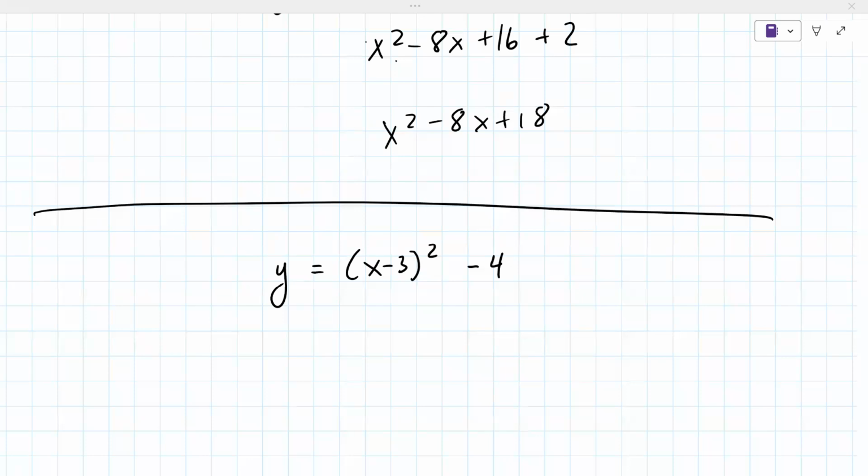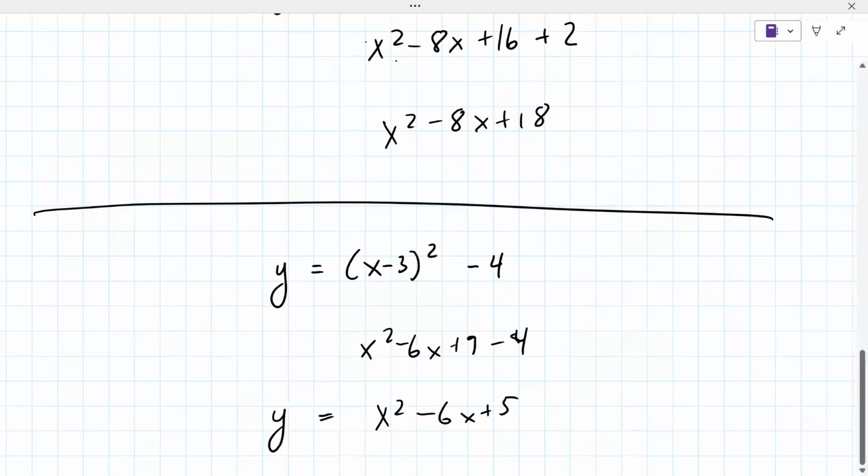So x squared minus 6x plus 9. Okay, and then combine it with the last one. Minus 4. So x squared minus 6x plus 5. You got it. Okay, very good. So that's your standard form.